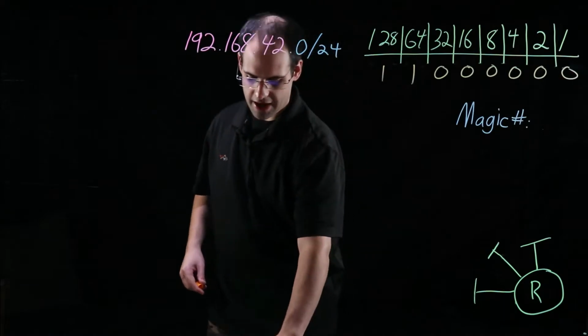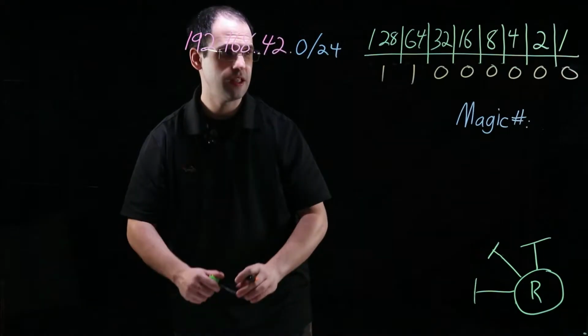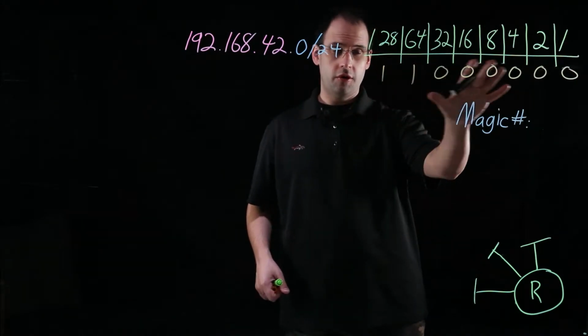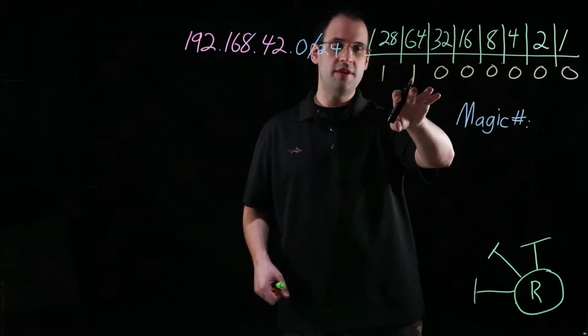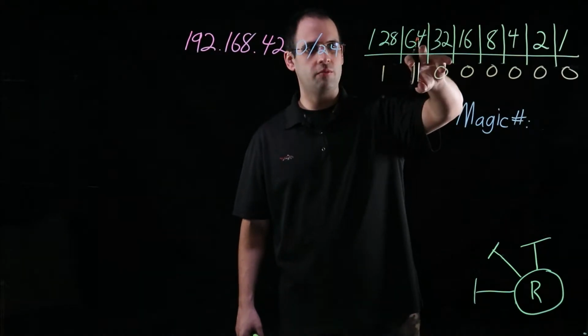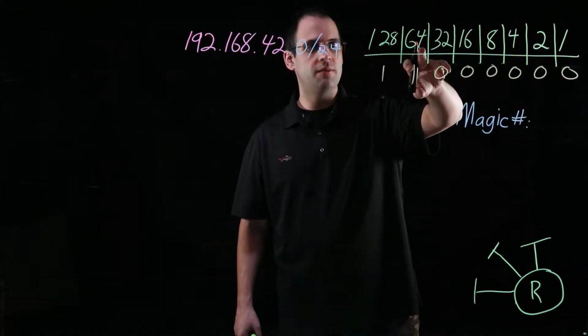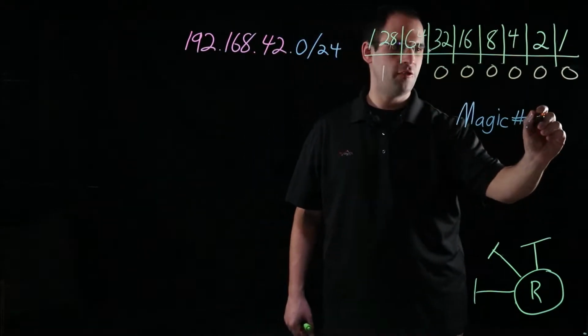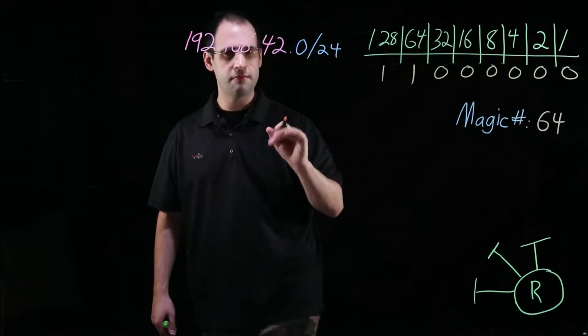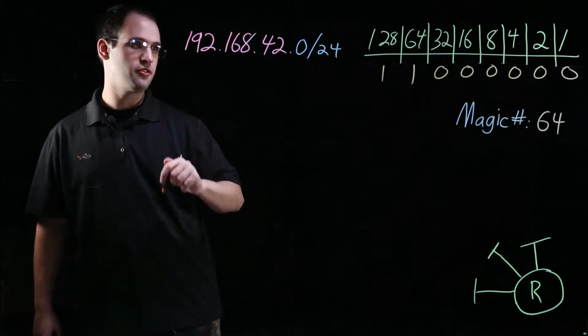So the magic number in this case is the point at which, on our binary scale, we switch from network bits to host bits. And wherever this last network bit falls becomes my magic number. So 64 in this case becomes my magic number. This magic number is going to give us 2 things.